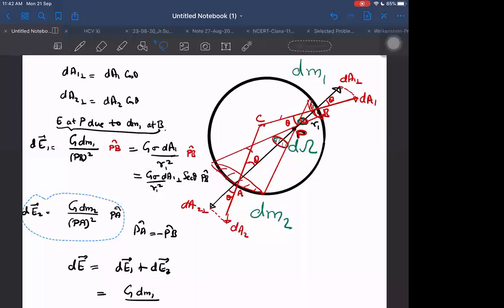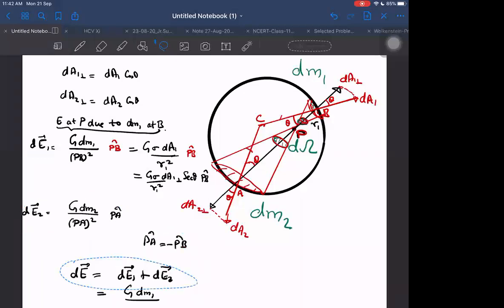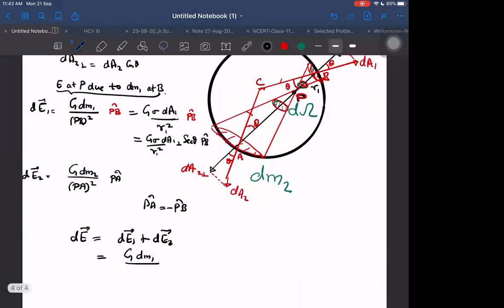Secant theta only, don't say cos. What will it become next? dA1 perpendicular by R1 squared is d omega. So I can write it as G into sigma into d omega into secant theta into PB cap. That is dE1. Now it is better.